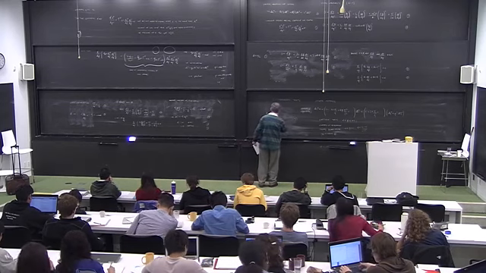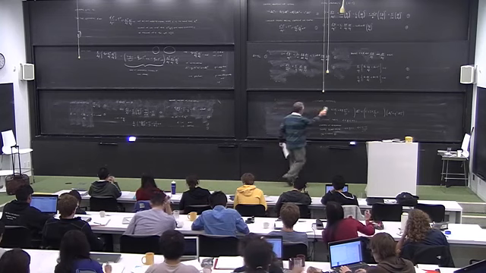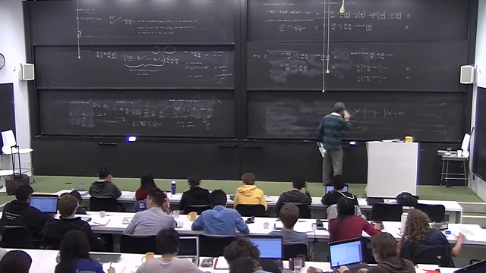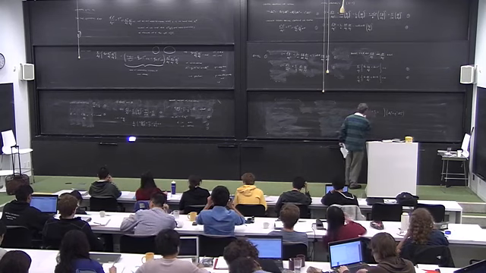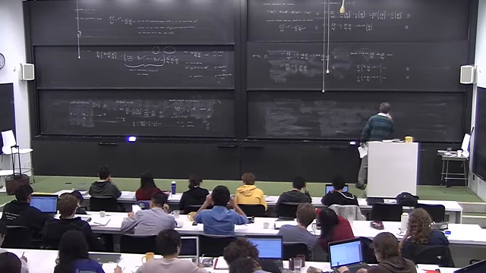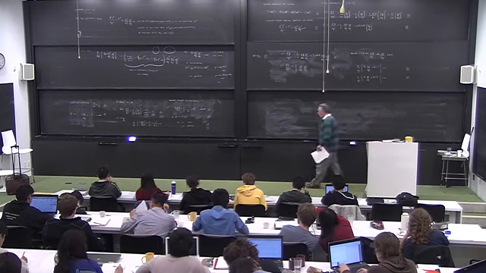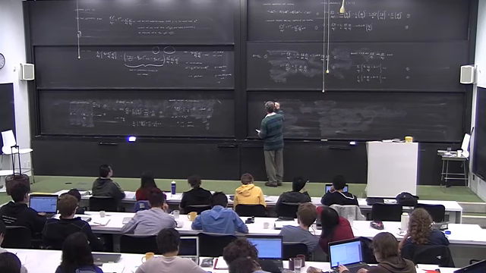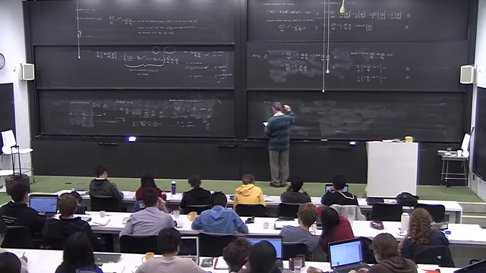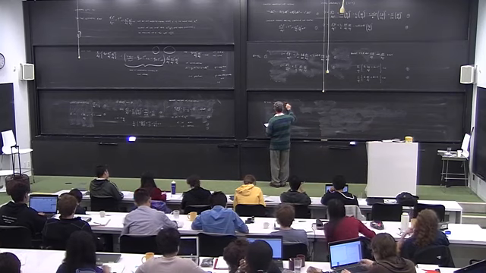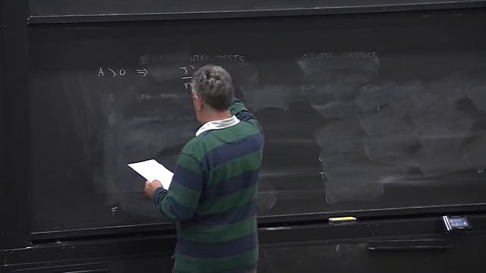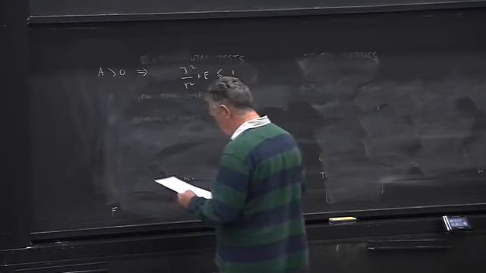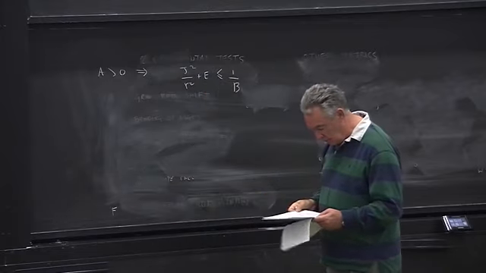And that gives us an inequality: it tells us that j squared over r squared plus E cannot be greater than 1 over b, so it is less than or equal to 1 over b.